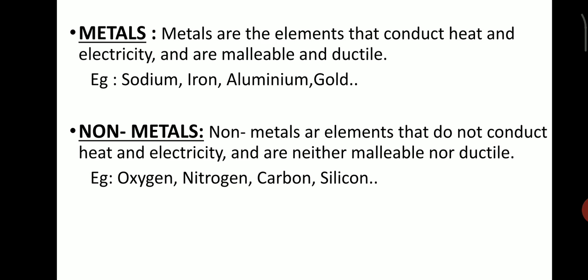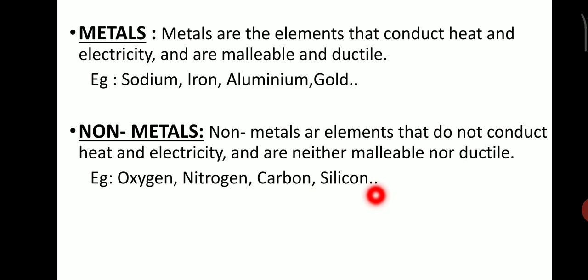So what is a metal? Metals, all of you know, are elements that conduct heat and electricity and are malleable and ductile. Example: sodium, iron, aluminium, gold, etc. Non-metals are elements that do not conduct heat and electricity and are neither malleable nor ductile.